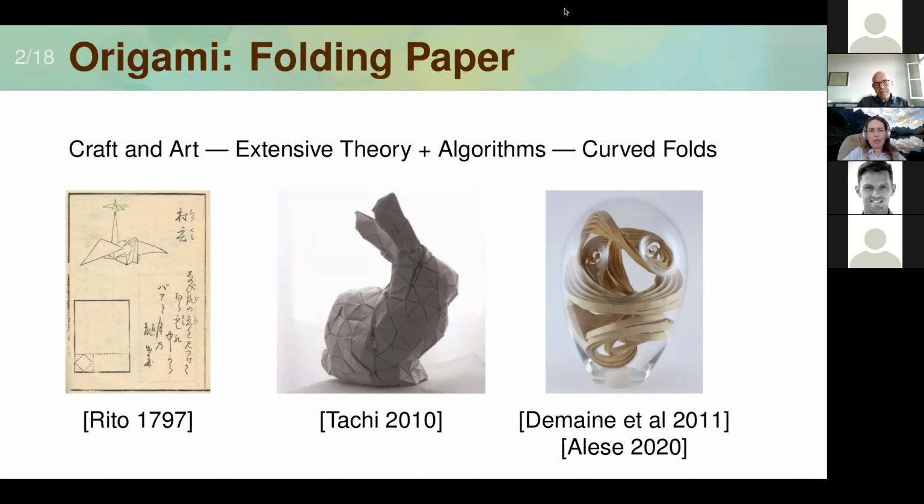I'm particularly mentioning the paper by Tachi, 2010, what is called the Origamizer. It's basically an algorithm where you can fold any shape. You can see the result by means of the bunny here.